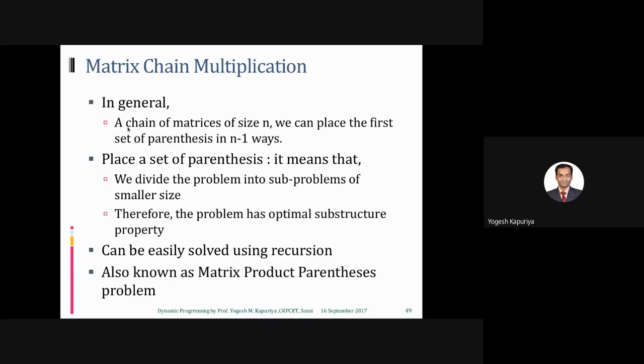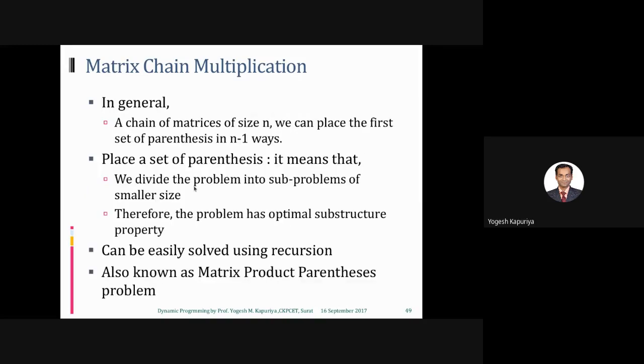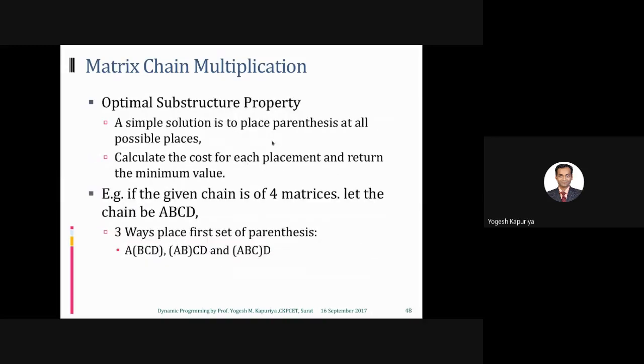So in general, what we can say, a chain of matrices of size n, this is the way it should be solved, right? When you have been given a chain of matrices of size n, chain of matrices means, say, you have 4 matrices.